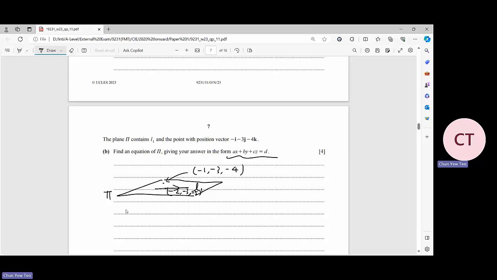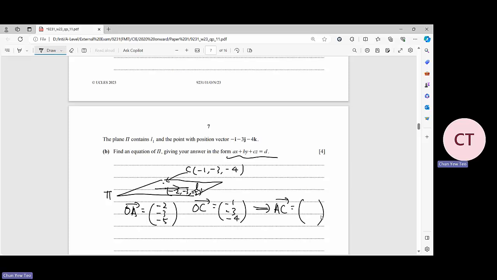OA equals -2, -3, -5. Now we already have the other point. I call this point C. OC is -1, -3, -4. So what I need to do now is to find the AC.